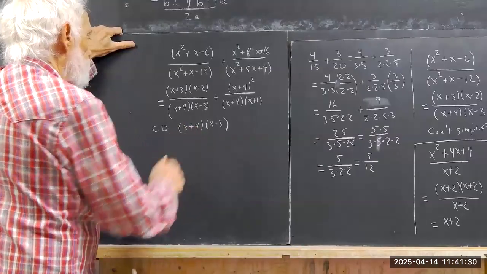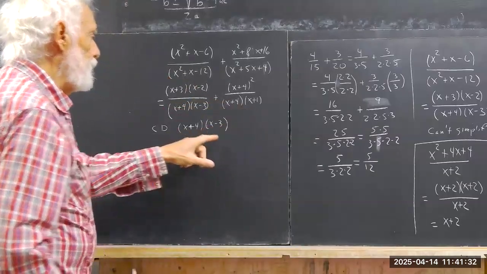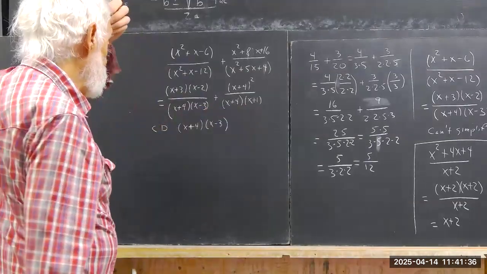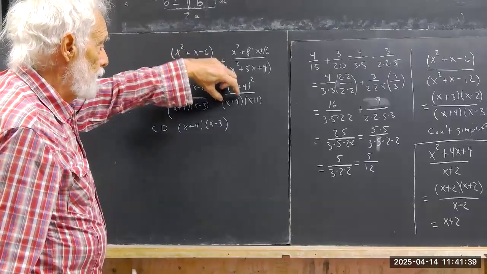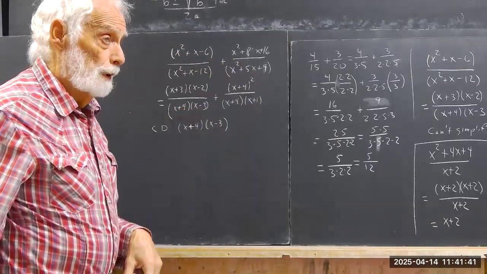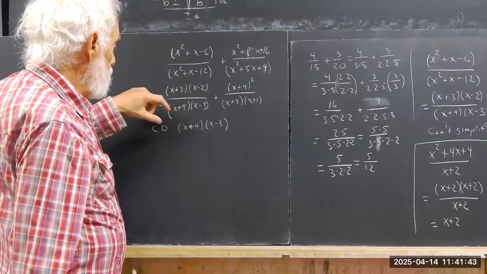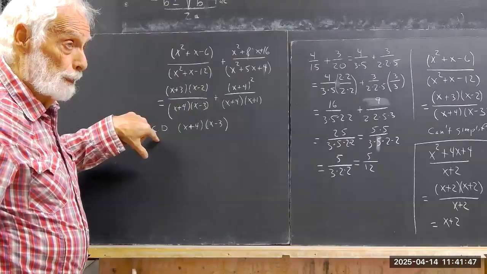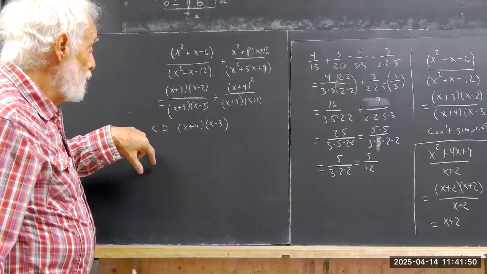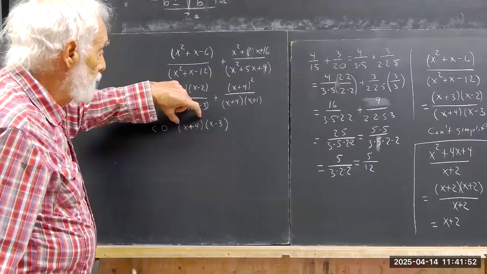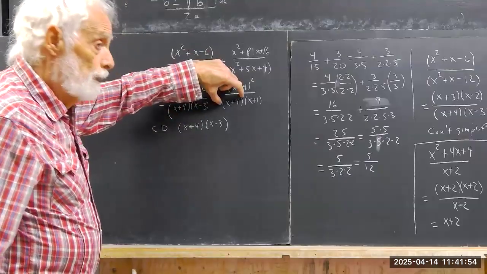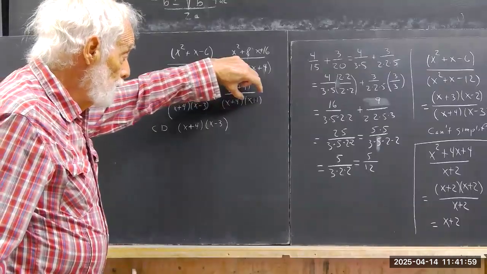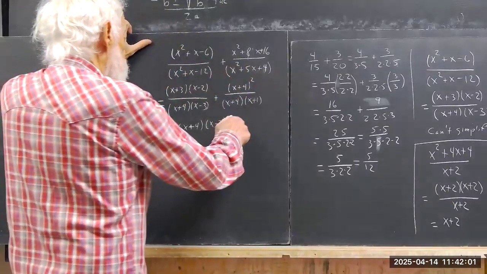And then I look at the second denominator and see what else I need to contain that denominator. Okay, the second denominator is x plus 4 times x plus 1. I've already got x plus 4 times x minus 3 as part of my common denominator, and I've got the x plus 4 that I need for the second denominator. The only thing I need in addition is the x plus 1.